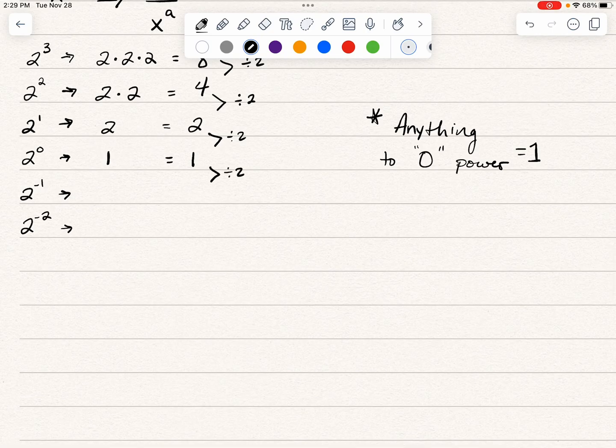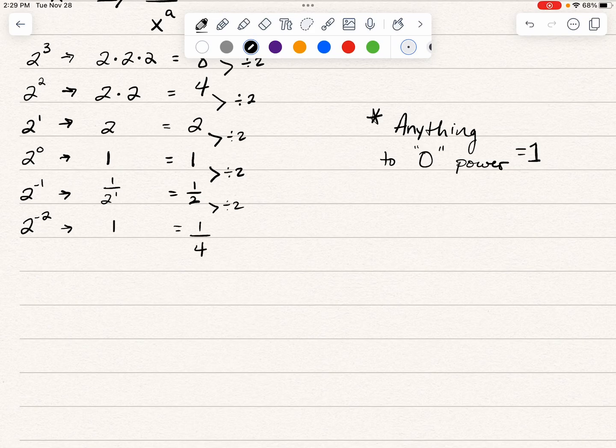Okay, and then using that divided by 2, 1 divided by 2 is 1/2. And you see that that is the same as 1 over 2 to the first power. If you take 1/2 and you divide it by 2 in your calculator, you're going to get 0.25, which is the same as 1 over 4.